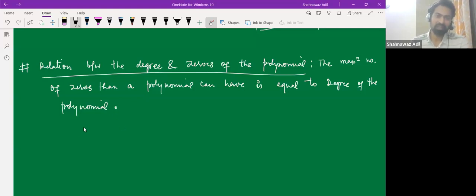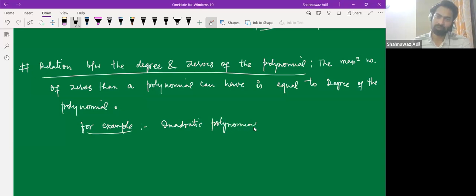Okay, yeah. So let's say, for example, we have a quadratic polynomial. For a quadratic polynomial, the degree is 2, right?